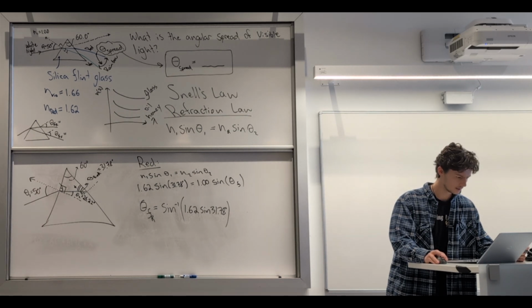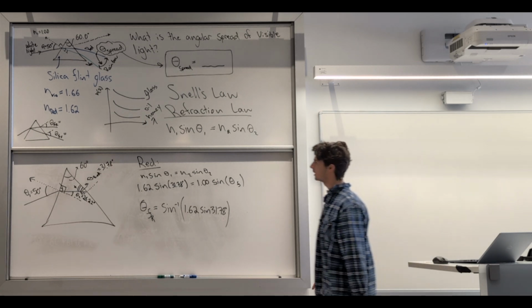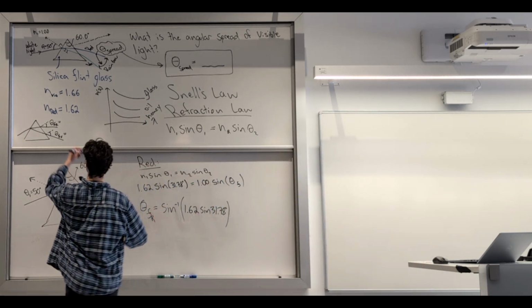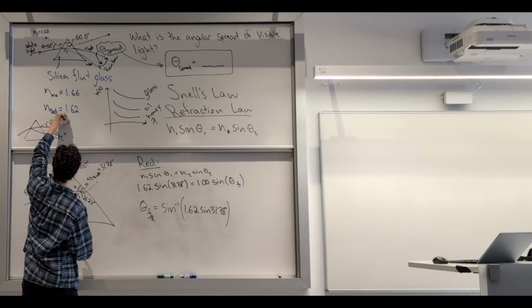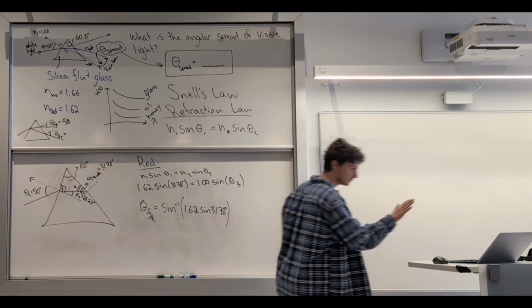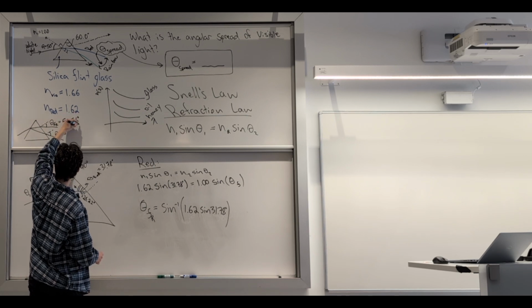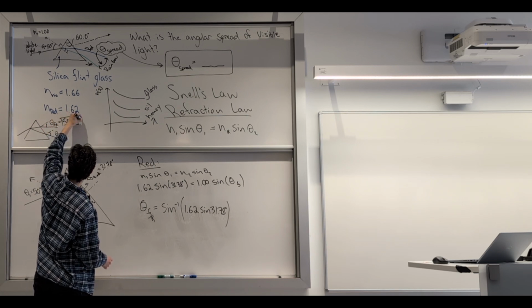That gives us 58.56. Okay, pretty cool. I'm going to just write that here. 58.56. That's pretty good. 58.56 degrees. I'm going to maybe put that in a box right here because it looks important.